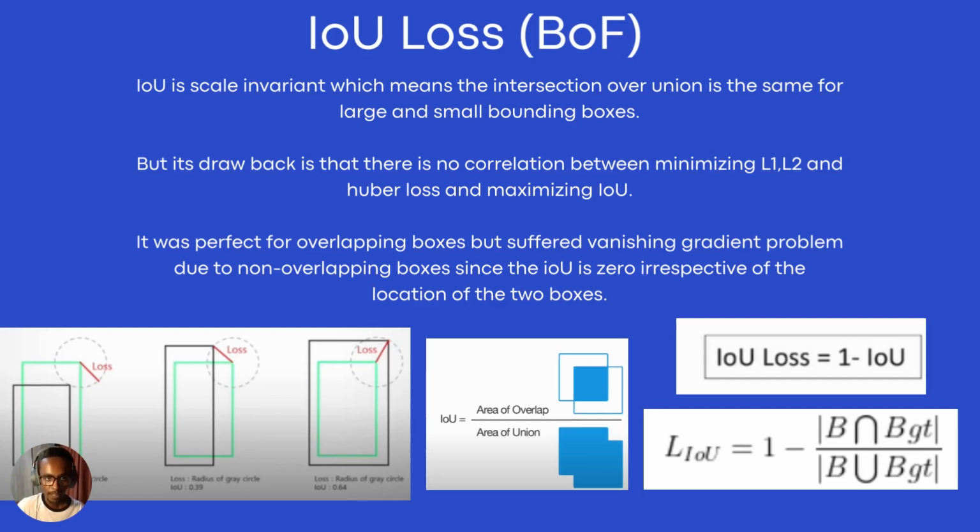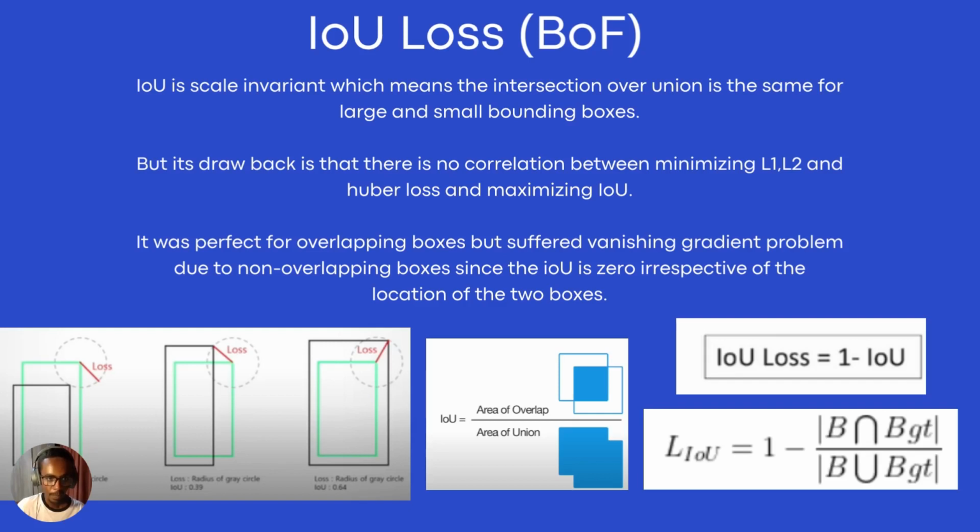But its drawback is that there is no correlation between minimizing the L1, L2, and Huber loss and maximizing the IOU. So on the image depicted on the left side, we can see that the loss is the same and it's represented in a circle. And there are two bounding boxes, one is the ground truth and the other one is the predicted bounding box.